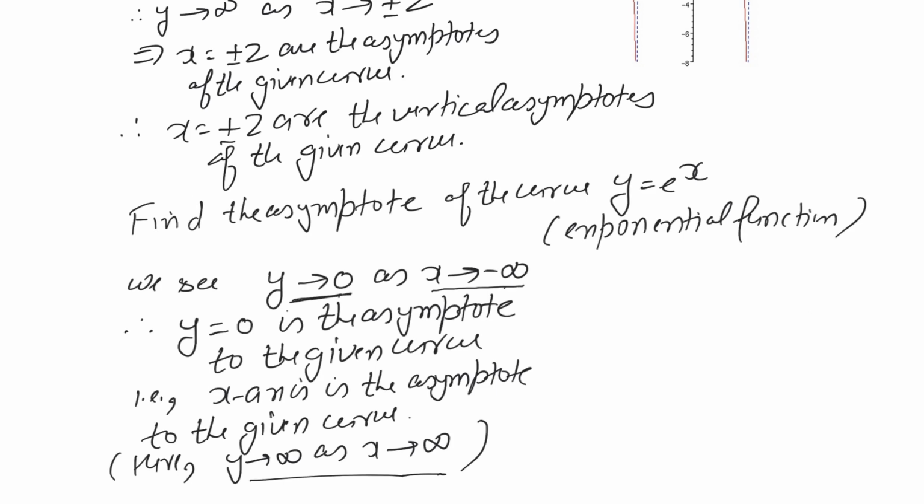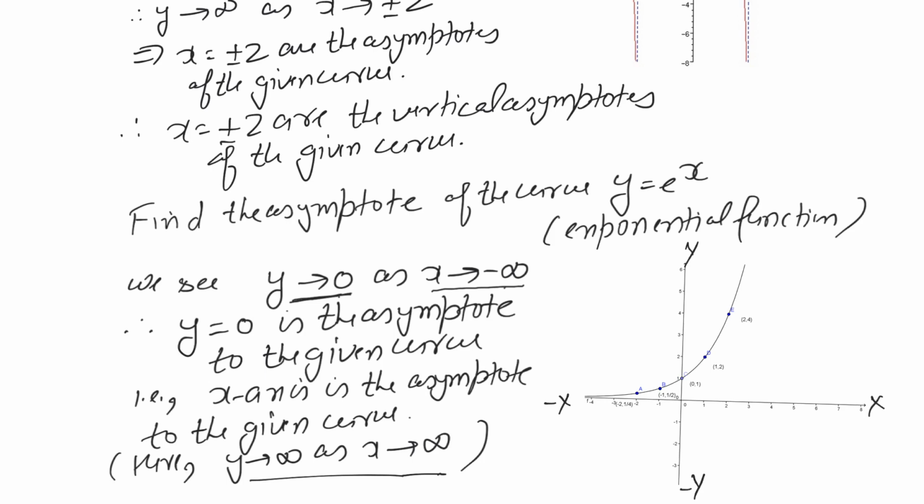The figure of the curve is given by this one. Here we see as x is running to minus infinity, so the curve is approaching to x-axis. Y of the curve is becoming 0. Therefore this line, which is the x-axis, and this is the y-axis, this one is the minus x and this one is the minus y.